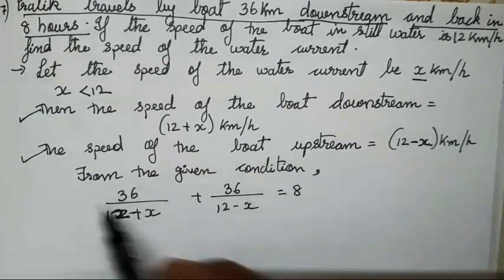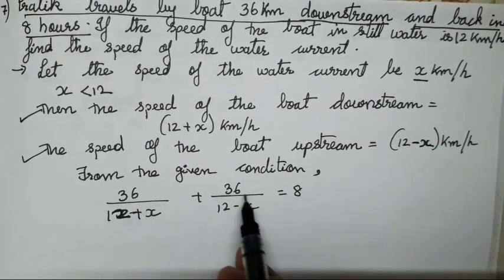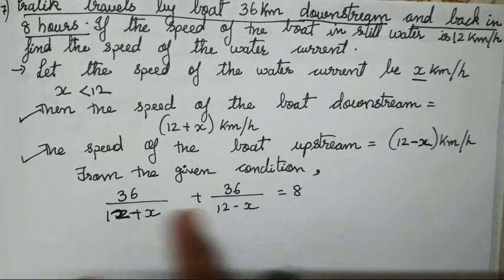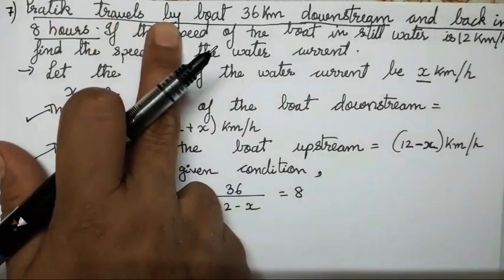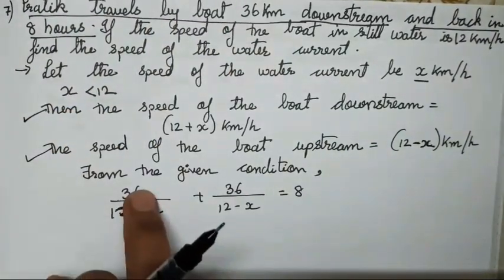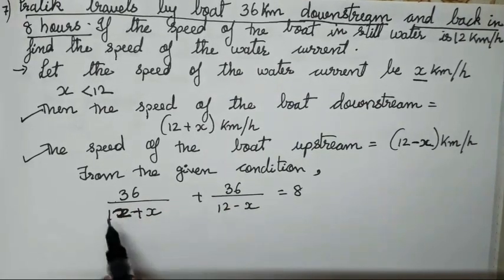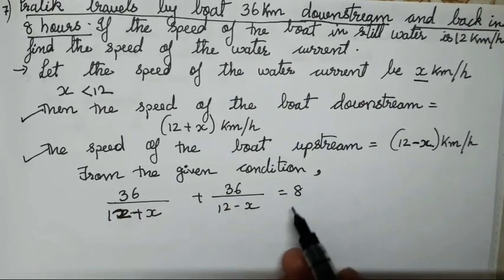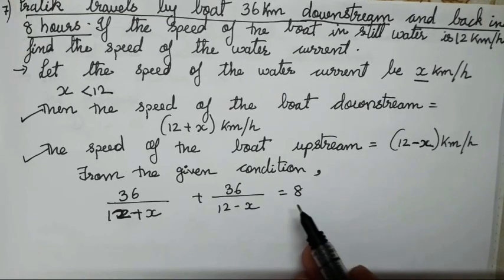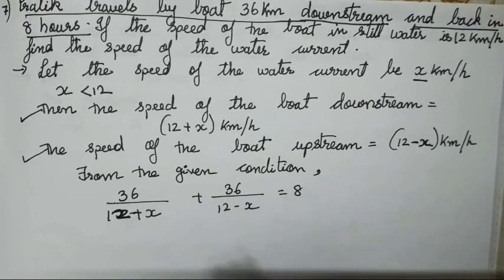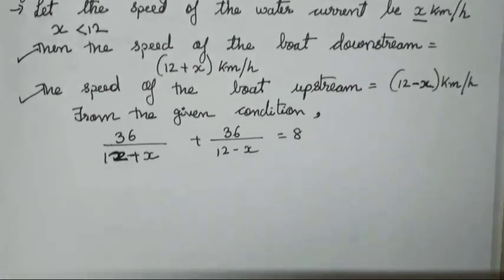So from the given condition, 36 km, because he travels 36 kilometers for both upstream and downstream. We have to write the downstream one and the upstream one, and how many kilometers in how much time he is going to take. He is going to take 8 hours. I think this is clear to everyone.